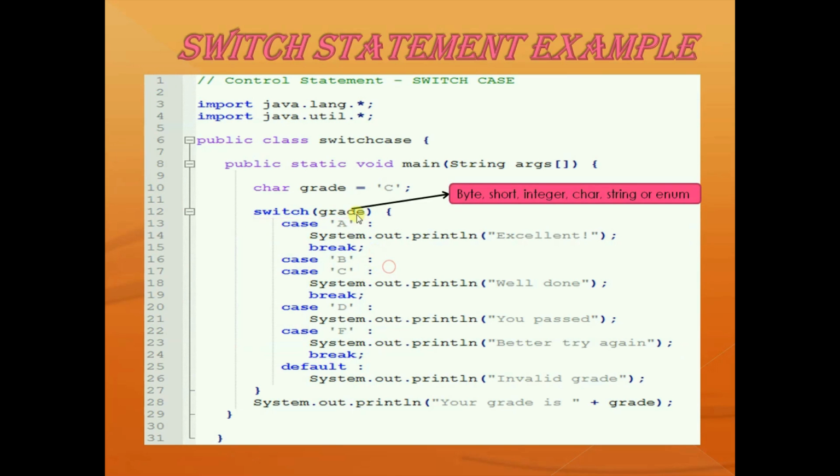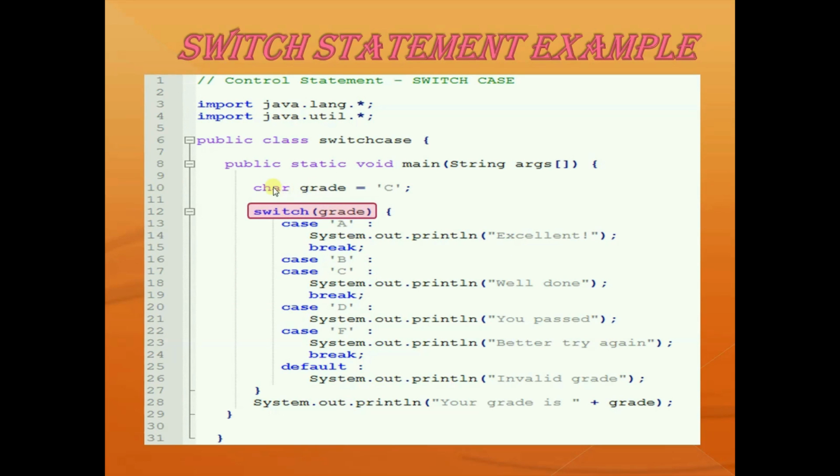This expression can be a byte, short, integer, character, string or enum type. In this program, our value is character type. So we can evaluate this grade value, and on the basis of it, define some cases inside our switch.